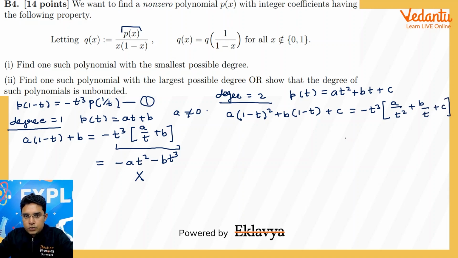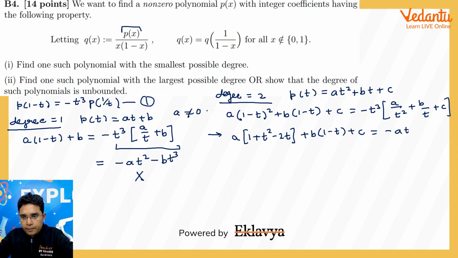Okay, so if I open these brackets, it is a into 1 plus t square minus 2t, plus b into 1 minus t plus c, and on the right hand side it will be minus at minus bt square plus ct cube. Yeah, ct cube. Obviously on the left hand side there is no t cube term, so c has to be 0.